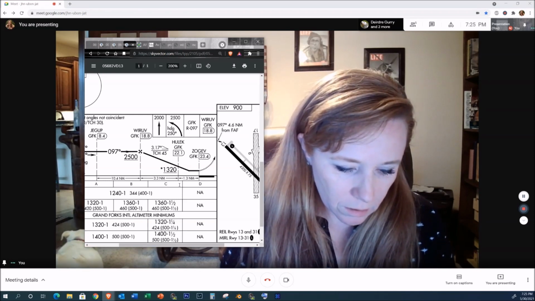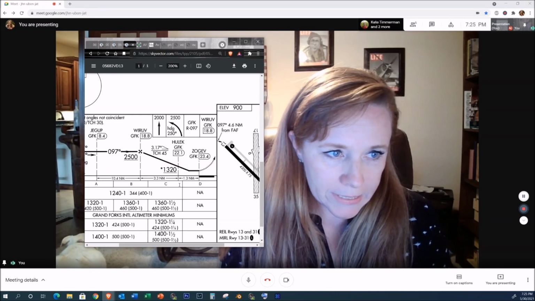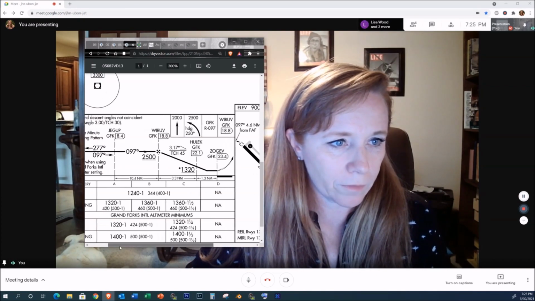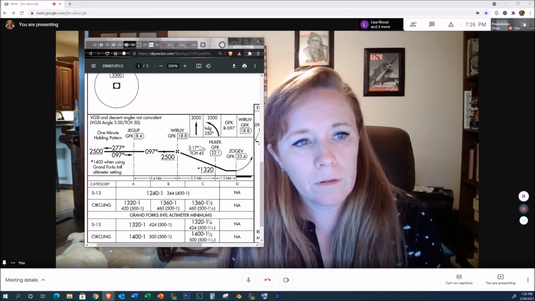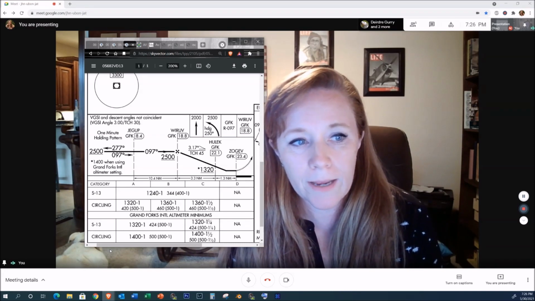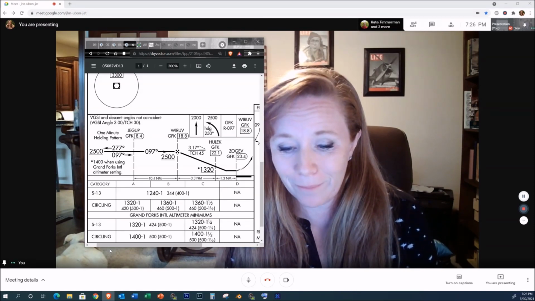Let's see. You can see right there. I'm going to get you even more in the weeds here for a second. Do you see right above the 1320 in the plan view next to 22.1 DME where it says 3.7 degree over the TCH of 45? Yep.